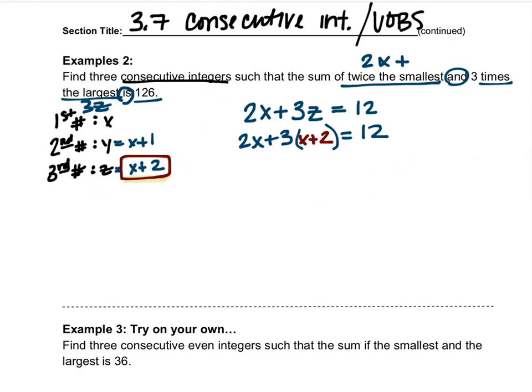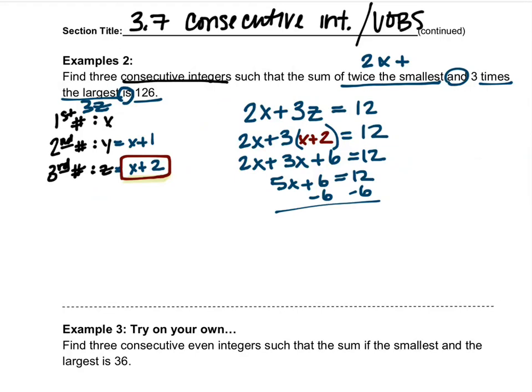Now to simplify this, I need to use my distributive property, so I'm going to leave the 2x there and make this a 3x plus 6, because 3 times x is 3x and 3 times 2 is a positive 6. Combining like terms, I get 5x plus 6 is equal to 12. I can subtract 6 on both sides, and I get 5x is equal to 6.